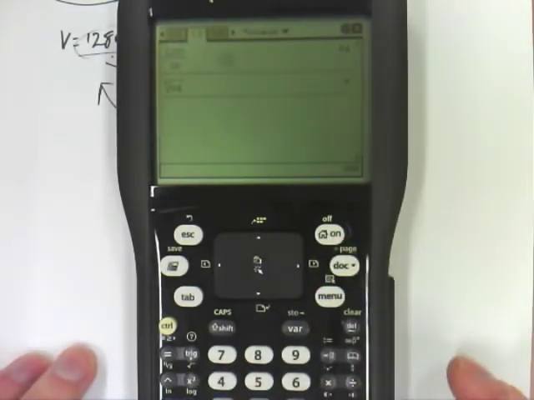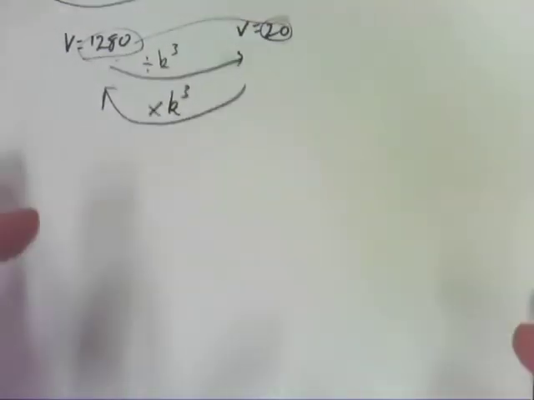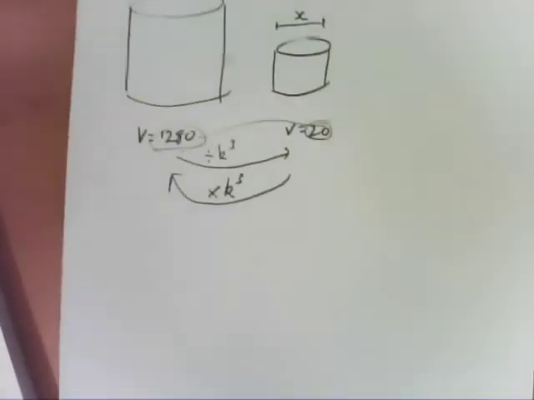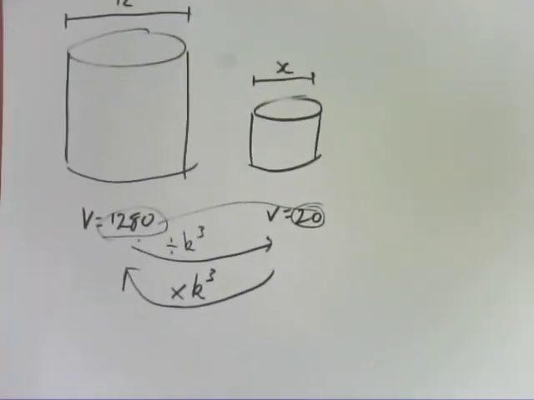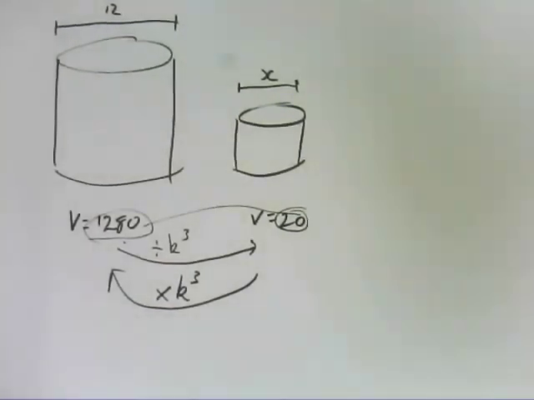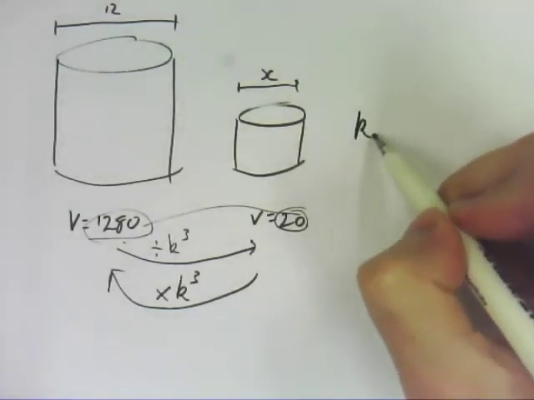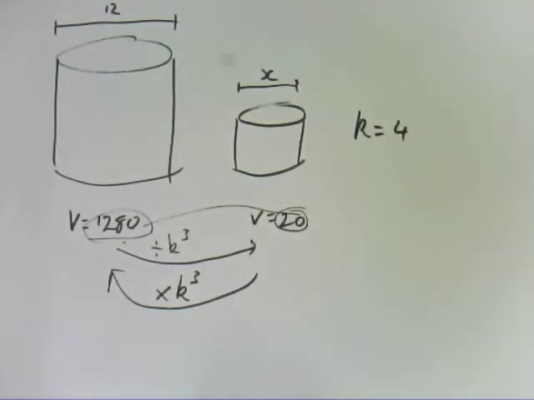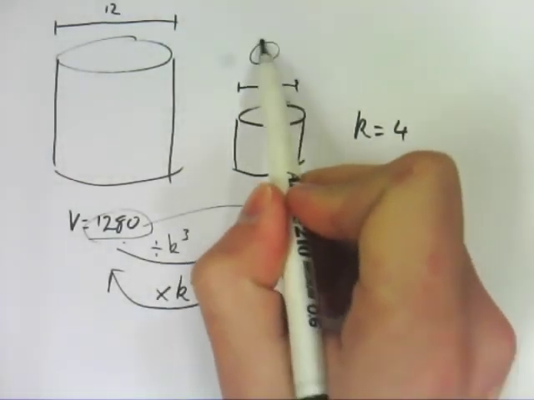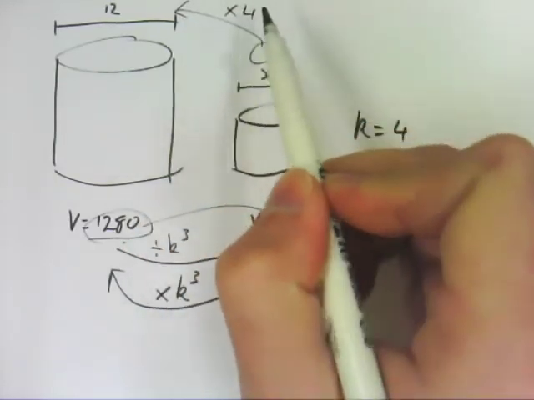So my scale factor is 4. Sorry if zooming is making you feel ill. My scale factor, my k, equals 4. That means to go from x to 12, I need to multiply by 4.